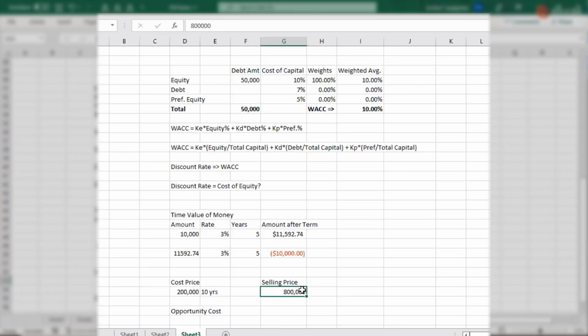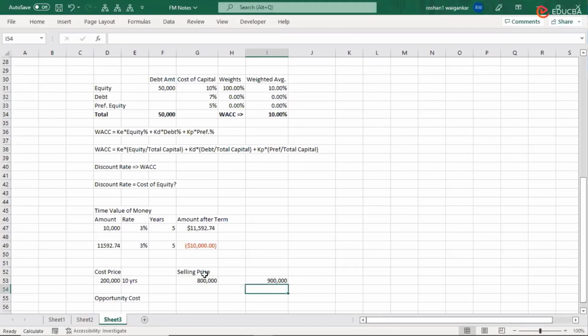I'm very confident even my property would be sold for the same amount. If you can give me this much, I will consider your offer. If you can give me a better deal, like let's say $900,000 or so, I would sell it to you. Otherwise, don't bother me. That means I am creating an opportunity cost over here for myself. This is it. Okay.